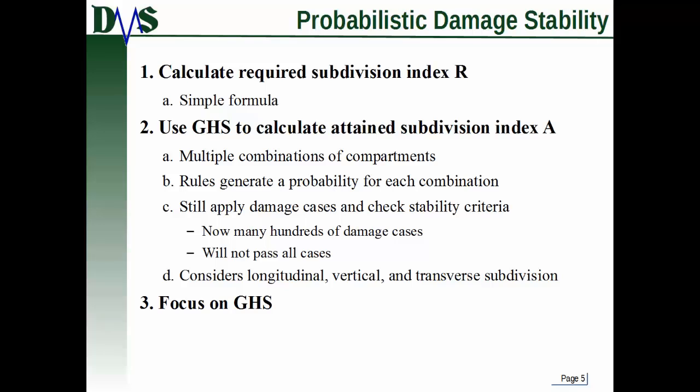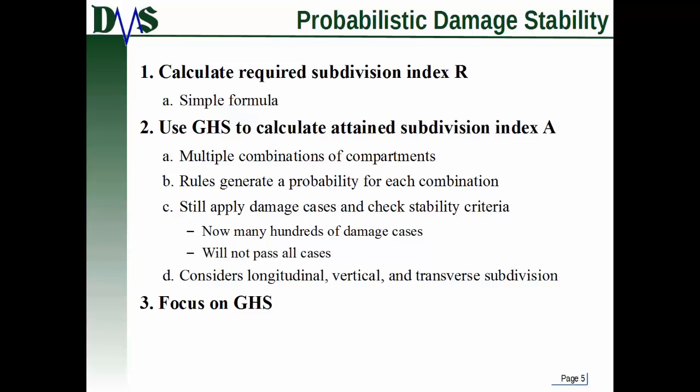Well, under deterministic damage stability, people would assign you an assumed extent of damage, and you'd go through with that. Now, it doesn't work that way with probabilistic damage stability. In probabilistic damage stability, you have to consider all multiple combinations of compartment damage, all sorts of combinations.